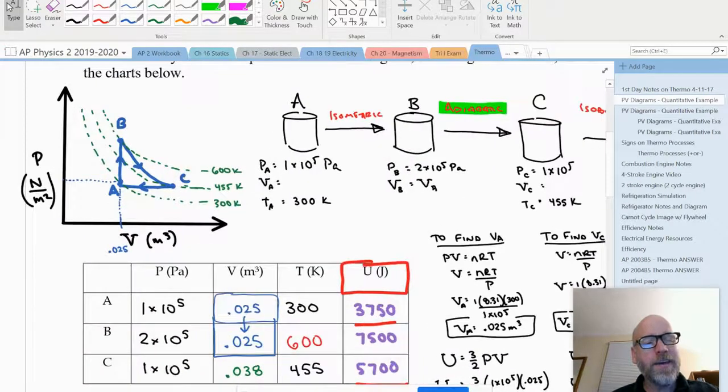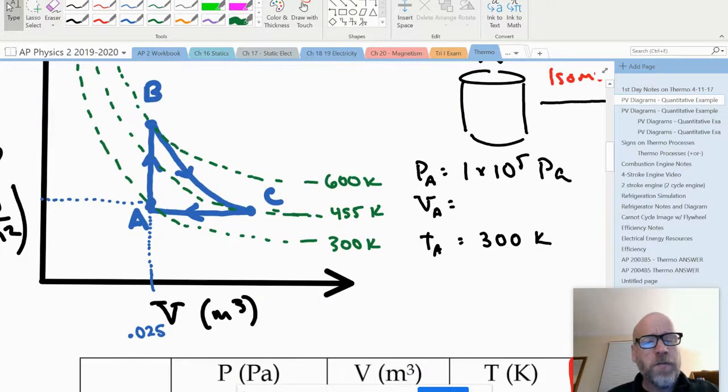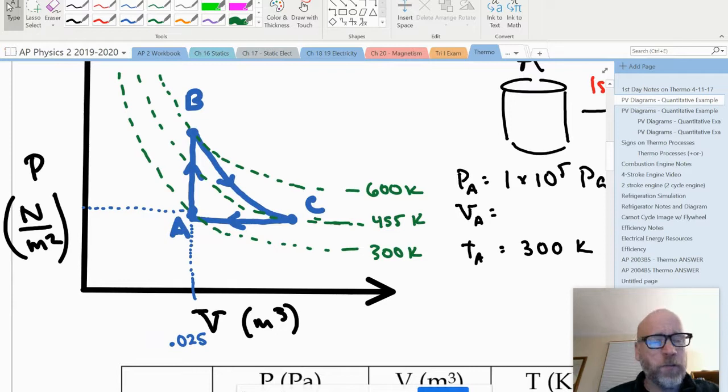How about C to A? C to A gives us an interesting situation. If I want to find the work done, which is the product of P times the change in volume, what could I do to the curve from C to A? Oh yeah, what would Micho say?